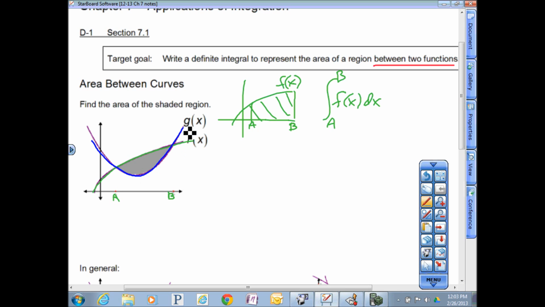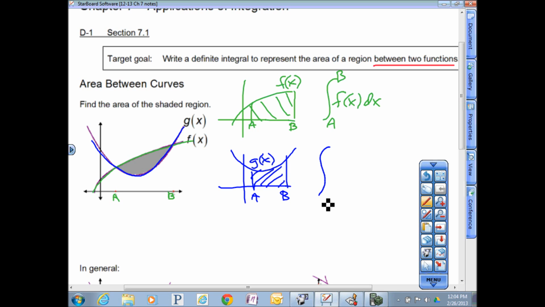We've got this other one that's going to effectively remove some of that area. So what we're going to do this time in between a and b is look at that function, and find the area under that g of x function down to the x-axis between a and b. And we're looking for the difference between those two things.